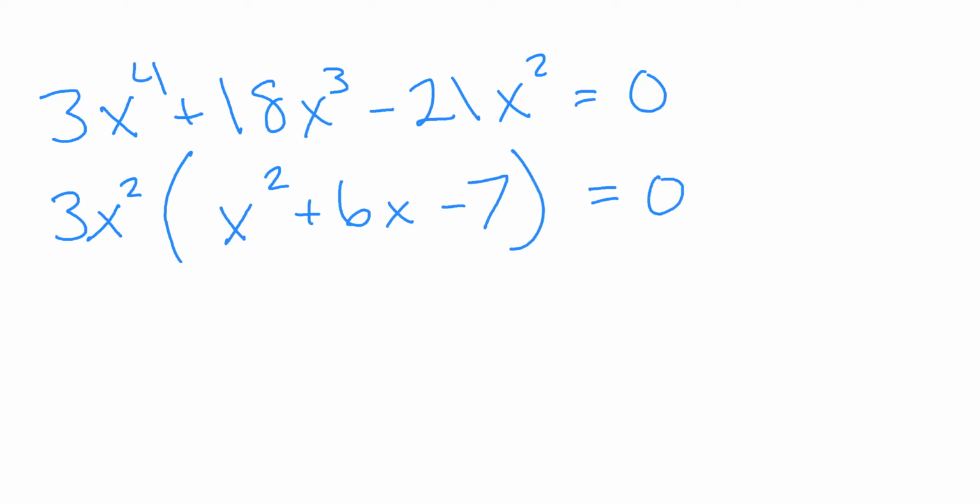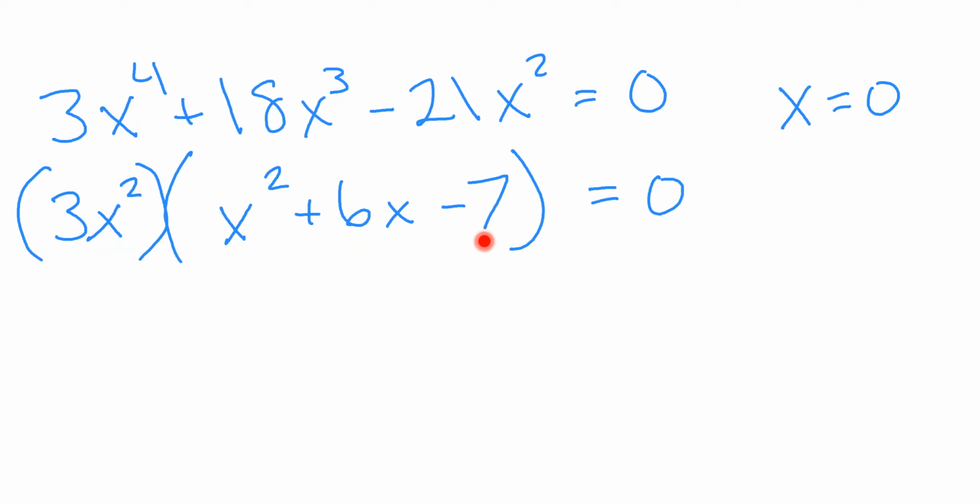Okay. So now keep in mind that this 3x squared is one of our factors. Using the 0 factor property, we can see that if x equals 0, our equation equals 0. So we already have one solution, that x equals 0. And that's because this factor right here, what makes this factor equal to 0? Well, that's when x equals 0. But here we have a quadratic, which is going to have two factors in it.